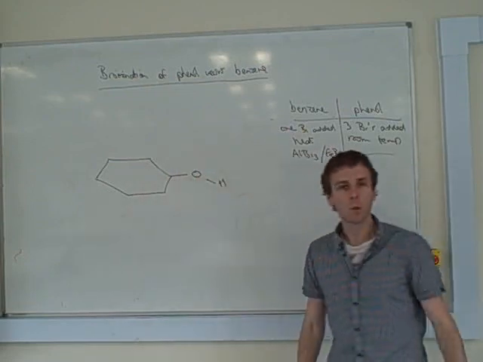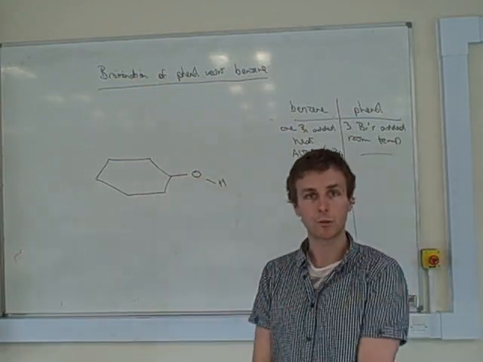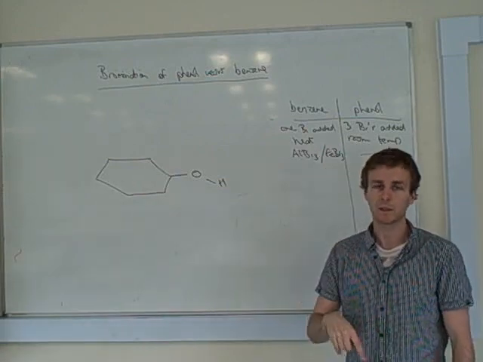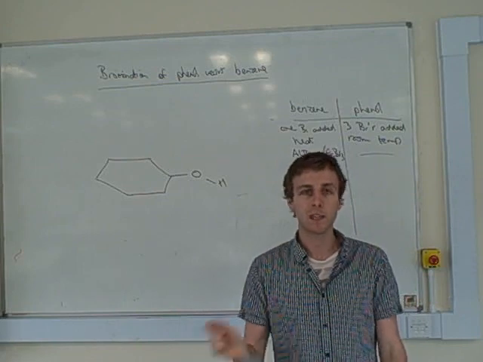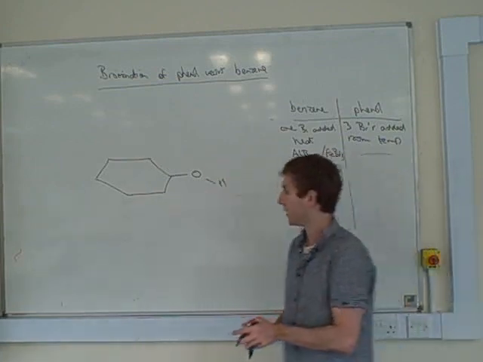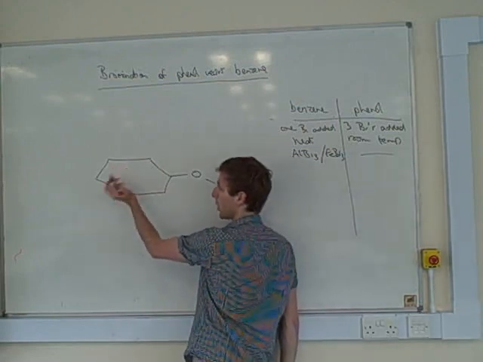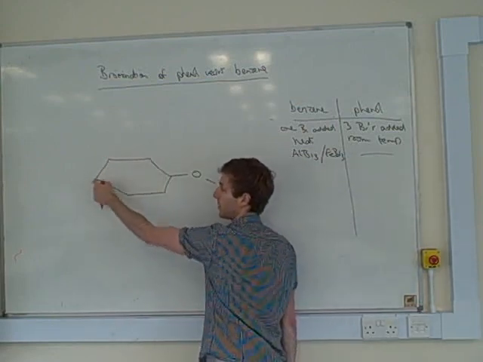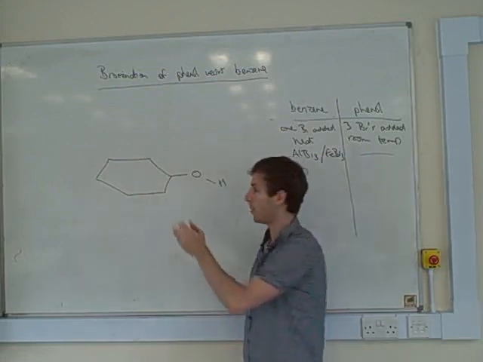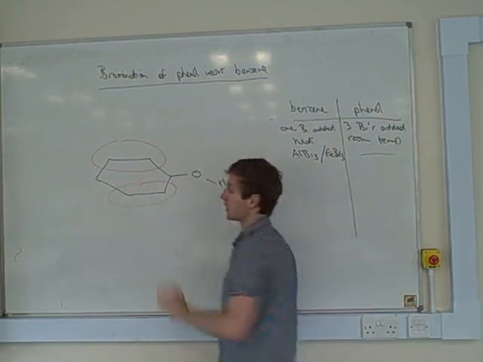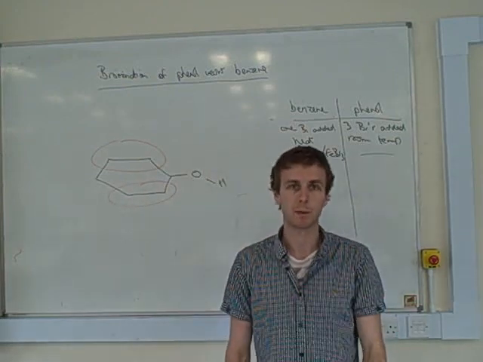Now, if you don't know about the delocalized electron ring system in benzene, I have got a video on that, so definitely stop this now and watch that first, because you need to know about that ring system before you can understand this. So if you do understand that, you'll know that the 6 p orbitals of these 6 carbons here all overlap to form this delocalized electron ring system, and that's above and below the plane of the carbons.